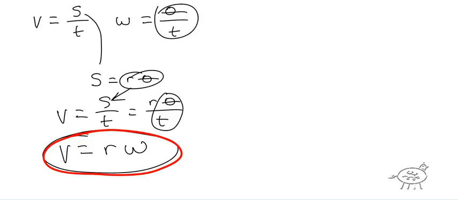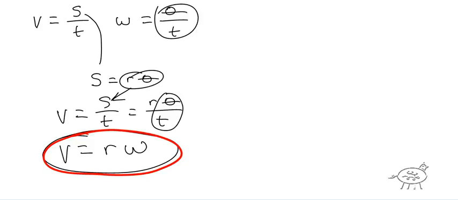That string is still rotating the same amount of times per second, but the speed of it is getting really huge. It's like crack the whip. So linear velocity is based really on the radius. It's the radius times the angular velocity. That's just a super important formula to recognize.